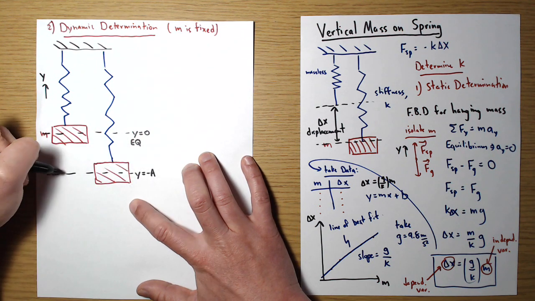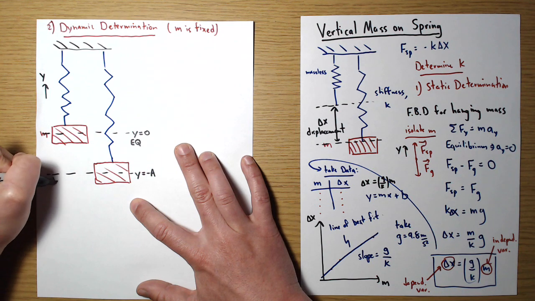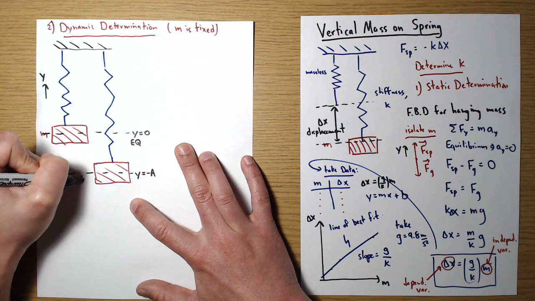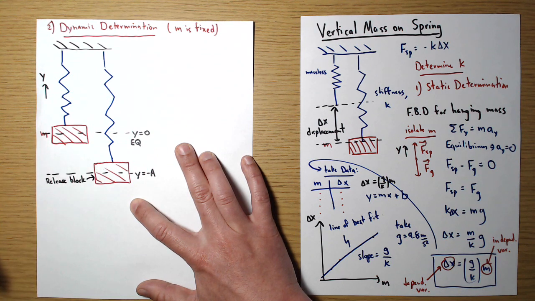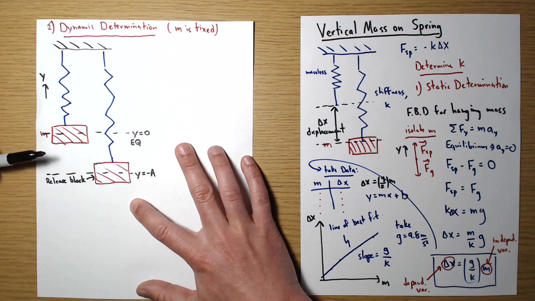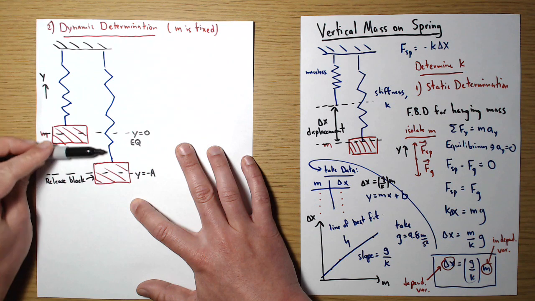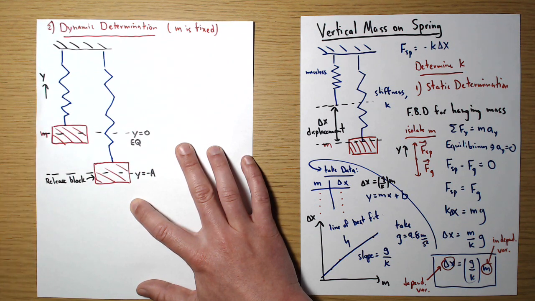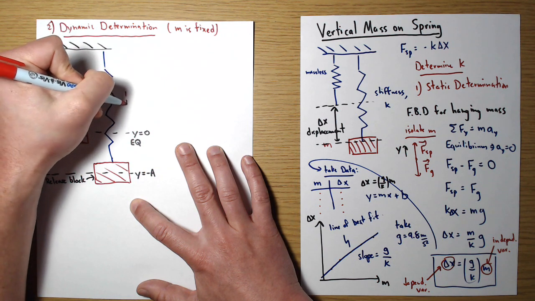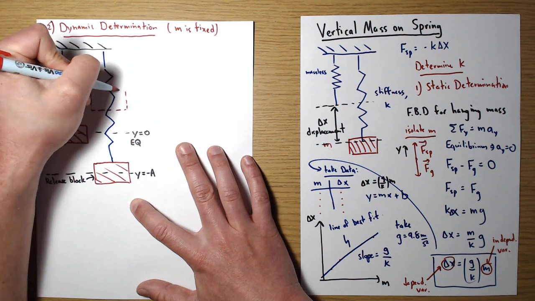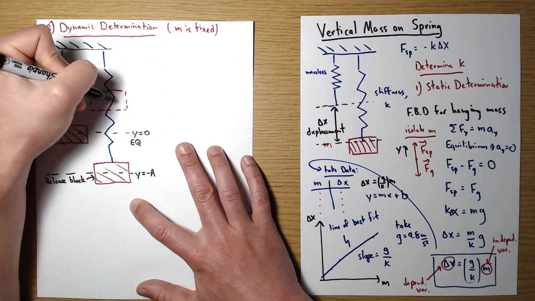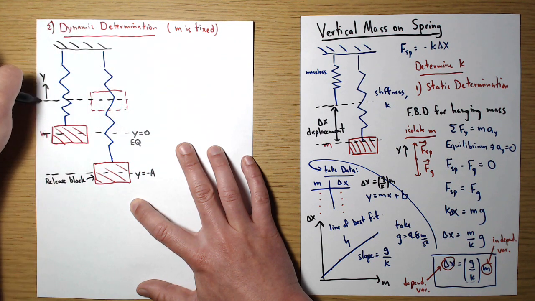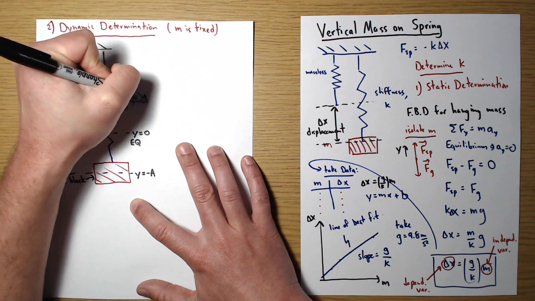Now if I release the block from this location right here, you can imagine what will happen. It will begin to oscillate back and forth about its equilibrium location. So half a period later, the block will have reached this location up here. And strictly speaking, it's not going to get any higher than y equals a.